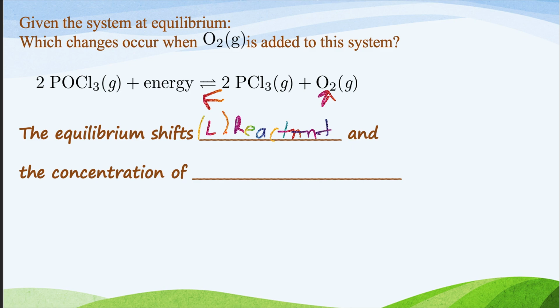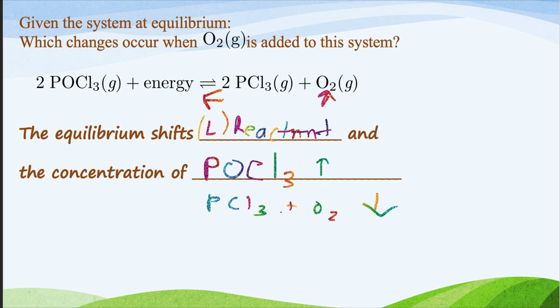And this is when we look at concentration. So we could say the concentration of POCl3 is going to increase. And you can also say the concentration of my products is going to decrease, okay?